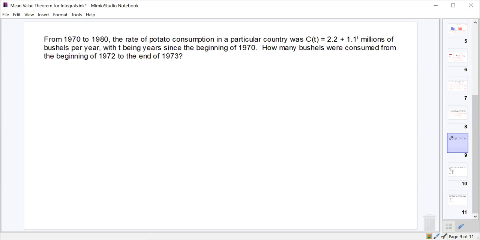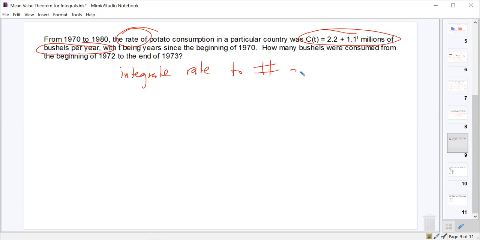And so we'll note that this function is a rate, C of t, 2.2 plus 1.1 to the t power millions of bushels per year. So anytime we integrate a rate function, it will give us a number of something.